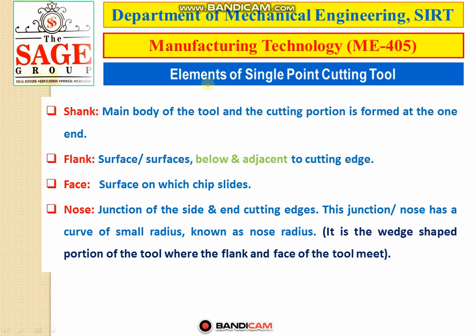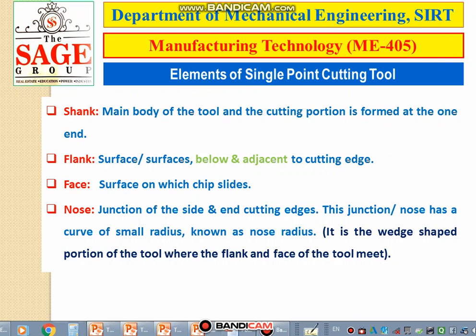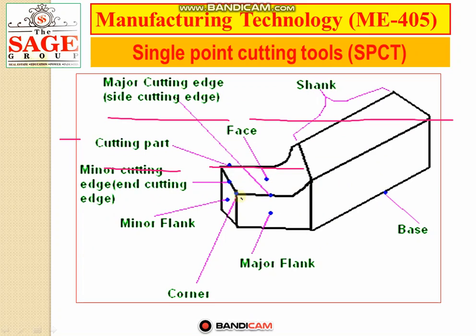Now, what are the elements of the single point cutting tool? These are the elements: shank, flank, face, nose. What is the shank? This is the main body of the tool, and the cutting portion is formed at one end of the shank. What is the flank? The surface or surfaces below and adjacent to the cutting edge are known as flank.